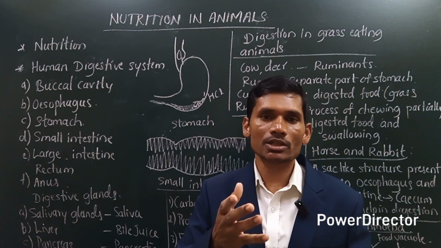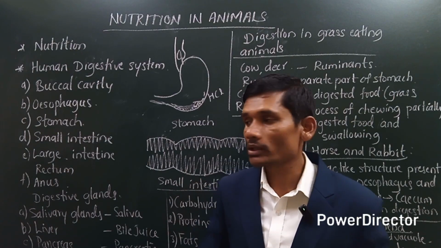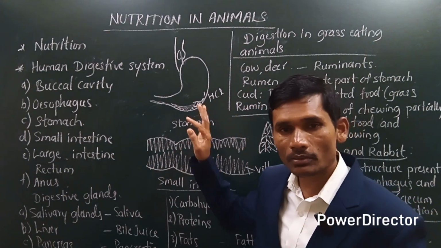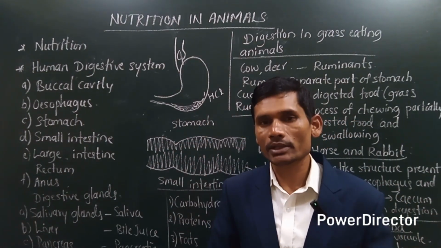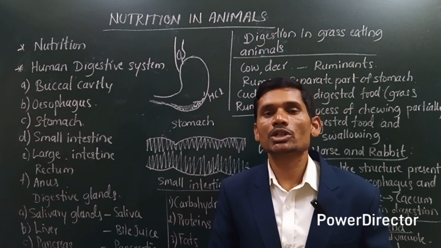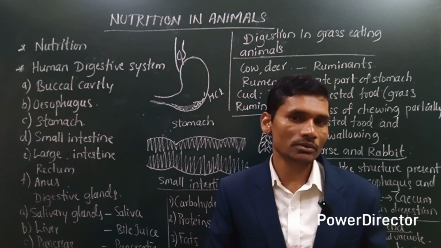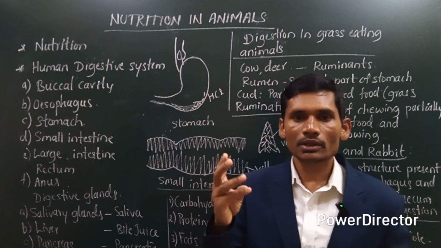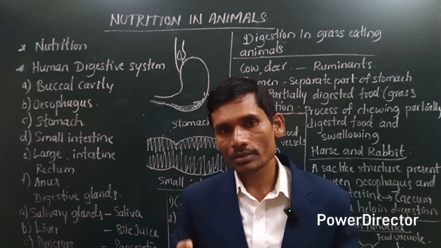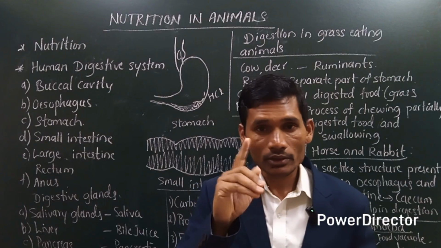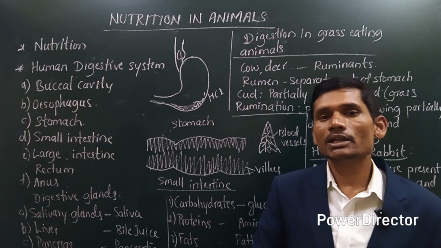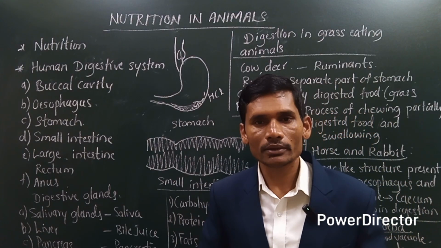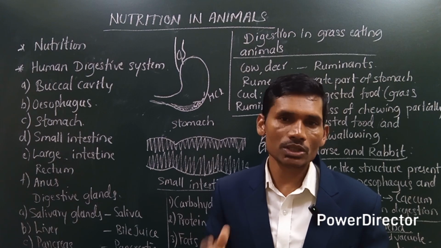Again, they have to be rebuilt. So the food that is eaten goes through the blood and reconstructs the proteins. That reconstruction is called assimilation. That is the next step. Okay, ingestion, digestion, absorption, assimilation. And the waste undigested food that comes out of the body later is called egestion.